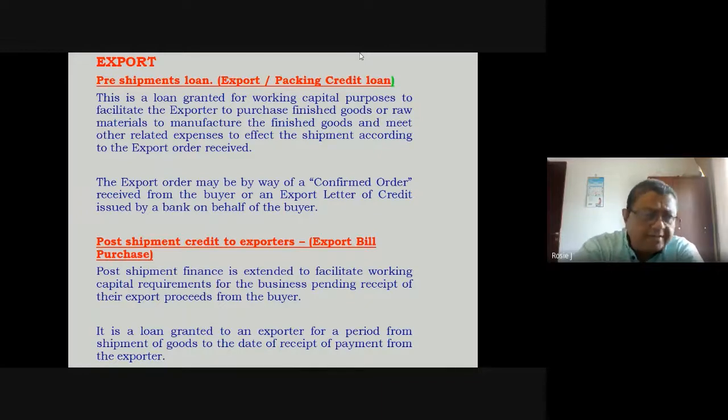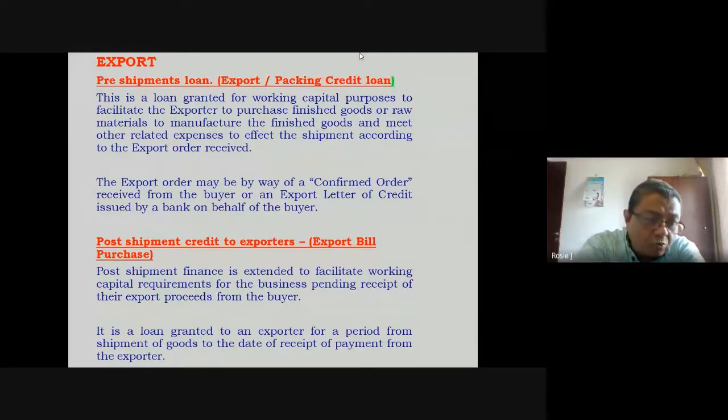A post-shipment loan is when the exporter has done his job, right? Actually, we negotiated LCs, I showed you something like that. This is where the exporter wants money, so you give a loan pending receipt of money from the importer. Sometimes he'll give a 90 days DA bill to the buyer, and now he can't get money for 90 days.